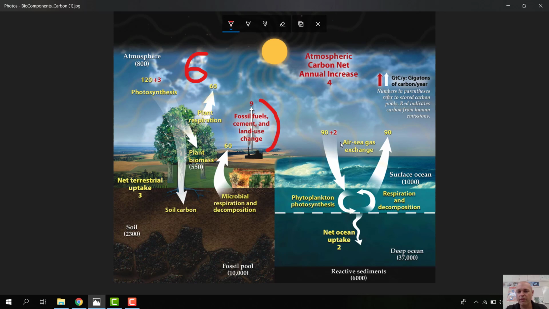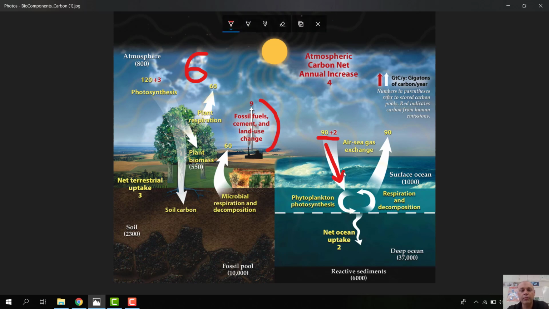Now there's something else. We haven't covered the oceans. So oceans here, we've got a natural process of carbon dioxide dissolving into the ocean water. 90 gigatons dissolves in.